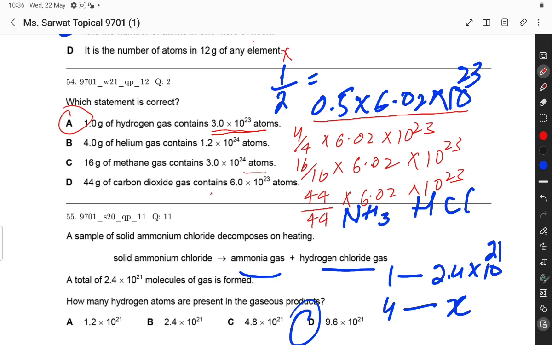So this is the correct option. 4 gram of helium is incorrect. The 16 gram option is also incorrect. 44 gram of carbon dioxide contains 6.02 into 10 raised to 23, so this is also incorrect. So A option is the correct option.